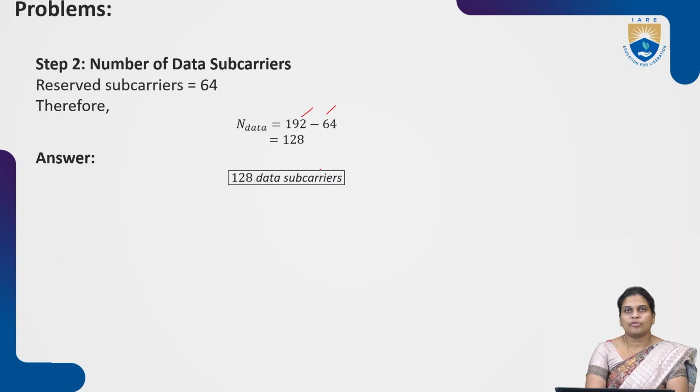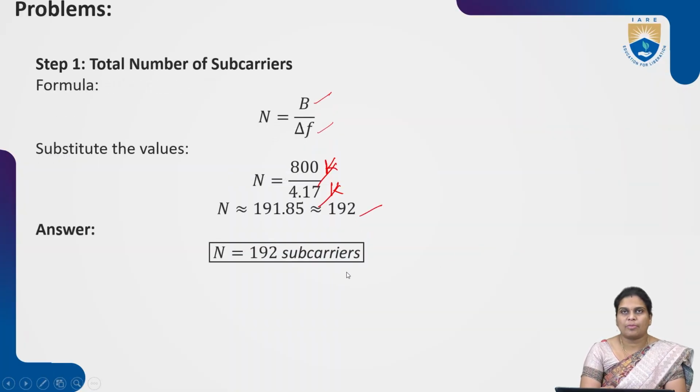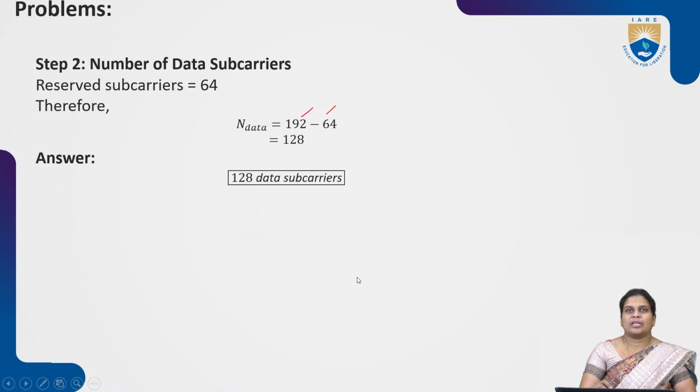These are the useful subcarriers. So first find the total number of subcarriers, subtract the 64 reserved subcarriers, and 192 minus 64 is 128. The answer is 128 data subcarriers.